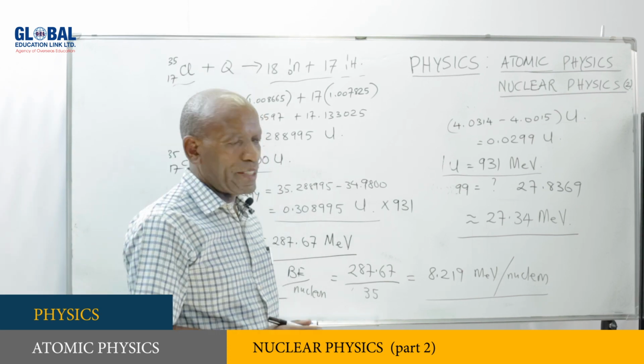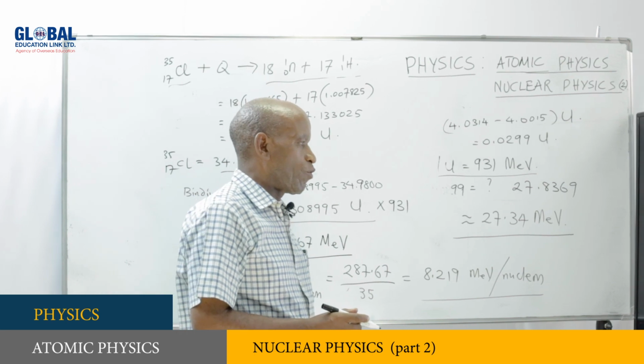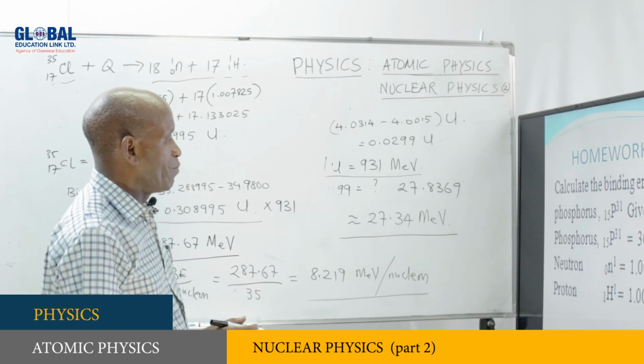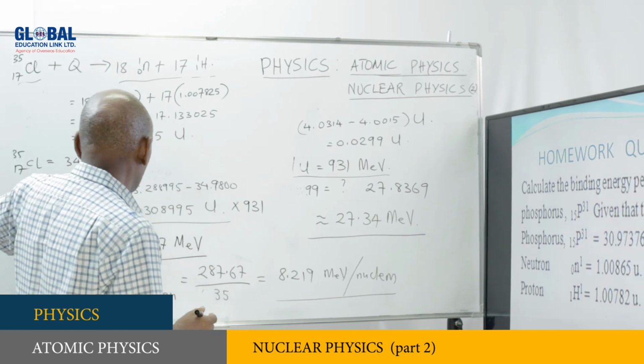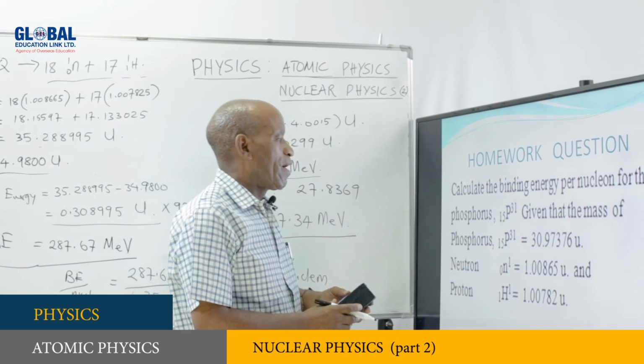Okay, students, let us now go for a question which will now be for you to do as a homework. I'll be able to give you a hint. This question goes like this.